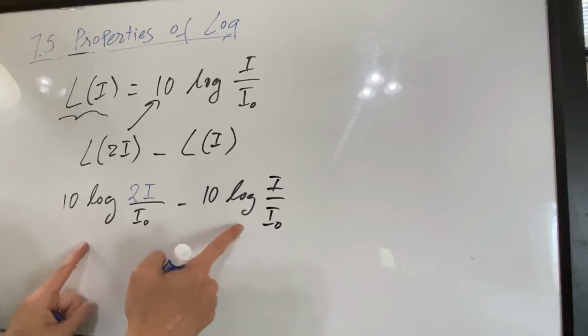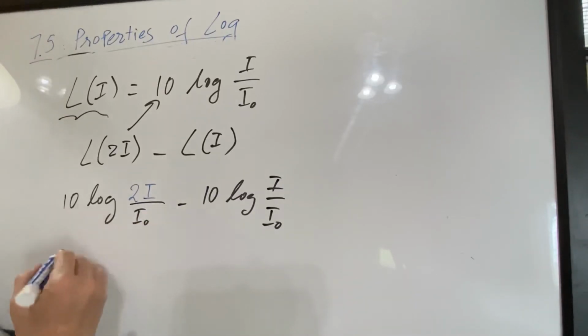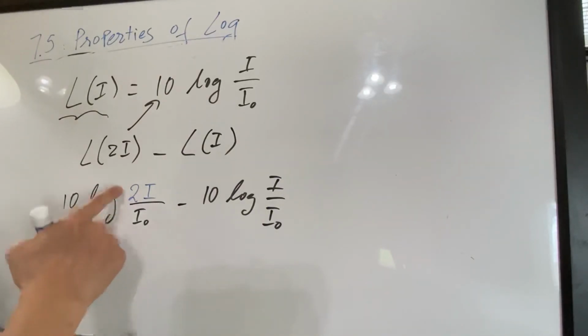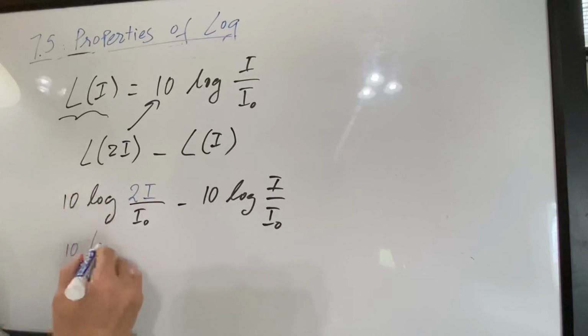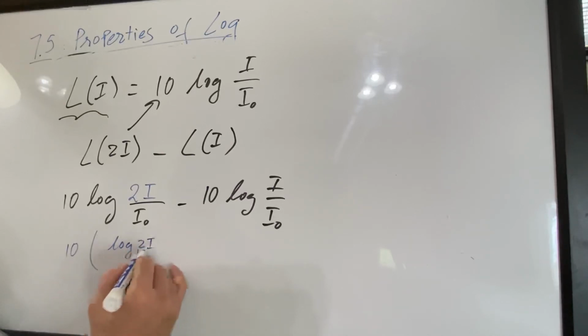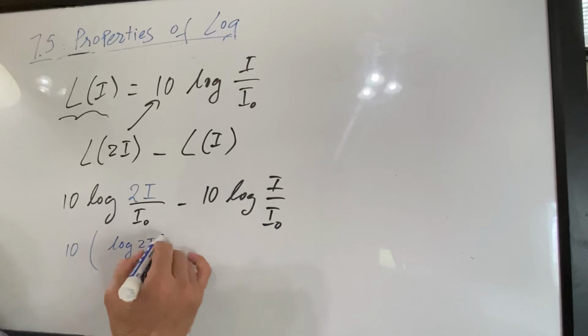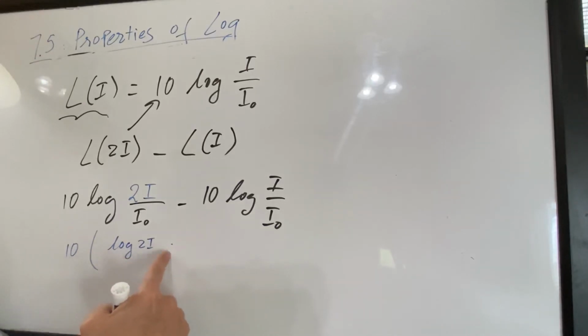Before you do the math, can I go ahead and separate this? Look at this 10, a quotient rule. So I have log of 2I over I0. I'm going to do one step at a time for you.